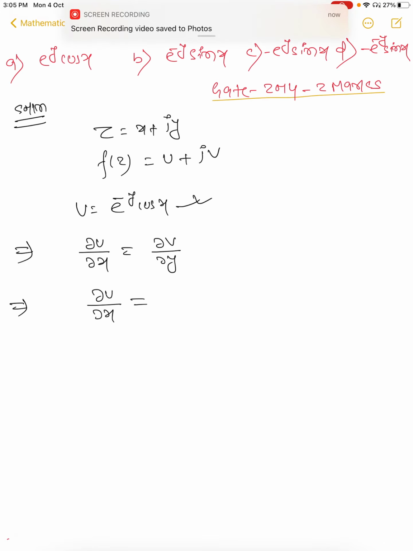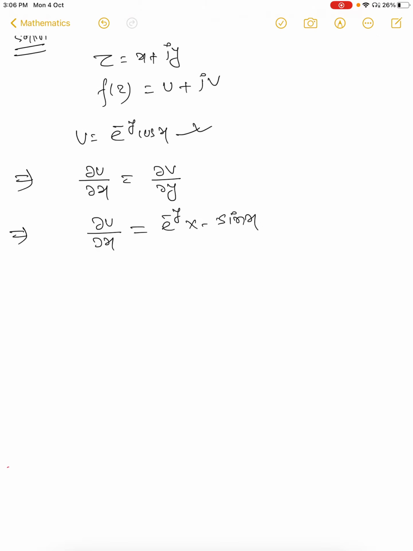Del u upon del x: in terms of x, when you differentiate, e to the power minus y will be the constant, and cos x becomes minus sin x. Now compare with equation 1. Then minus sin x e to the minus y is equal to del v upon del y.